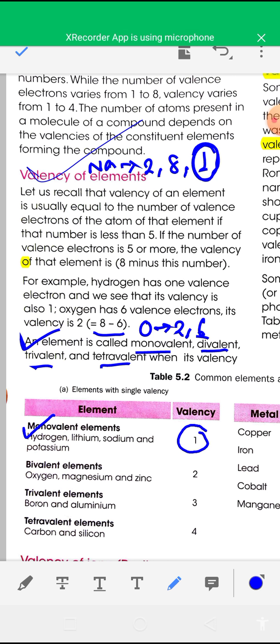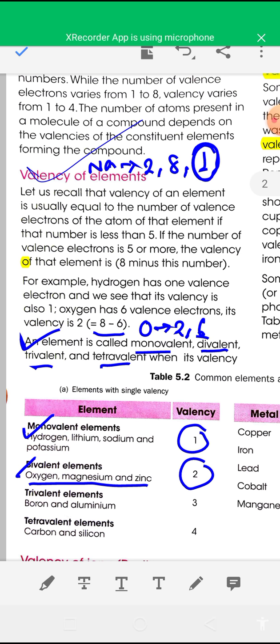Divalent means valency 2. If an element has valency 2, then it is known as a divalent element. For example, oxygen. Divalent and bivalent are the same. Oxygen, magnesium, calcium, zinc, all these elements are divalent because their valency is 2. Trivalent means valency is 3.